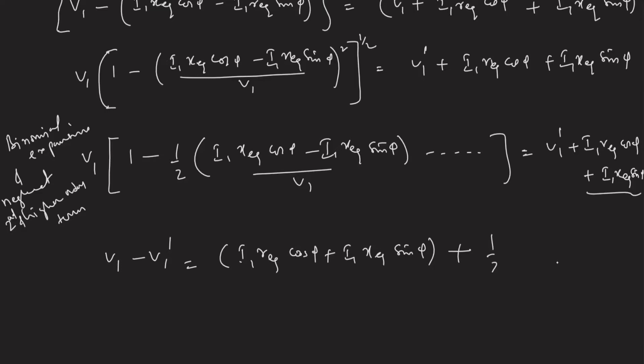So this is 1 by 2, I1 X equivalent cos phi minus I1 R equivalent sin phi.